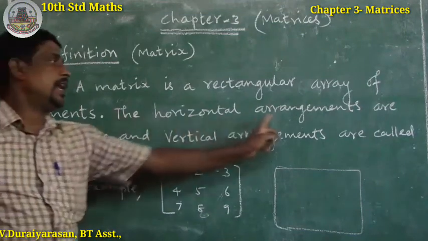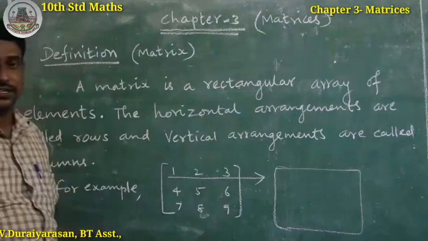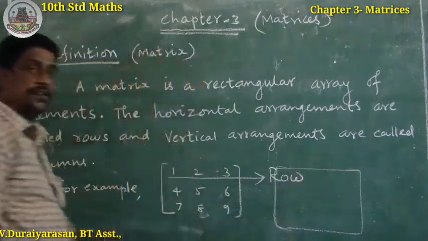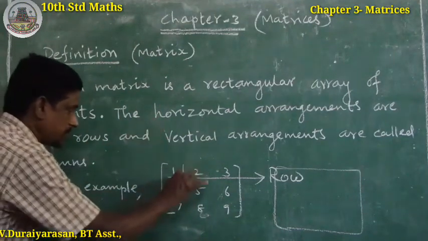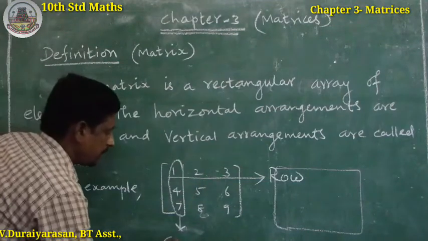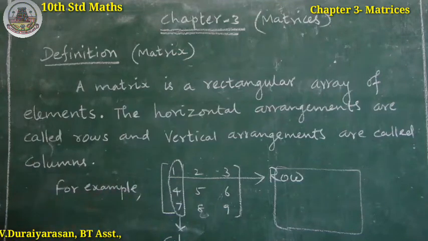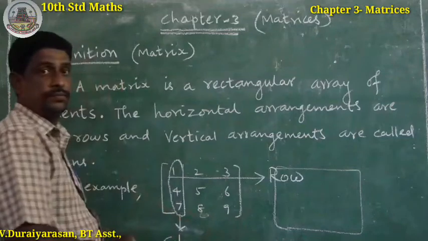The horizontal arrangement is called a row. The vertical arrangement is called a column. Okay. A matrix is a rectangular form.